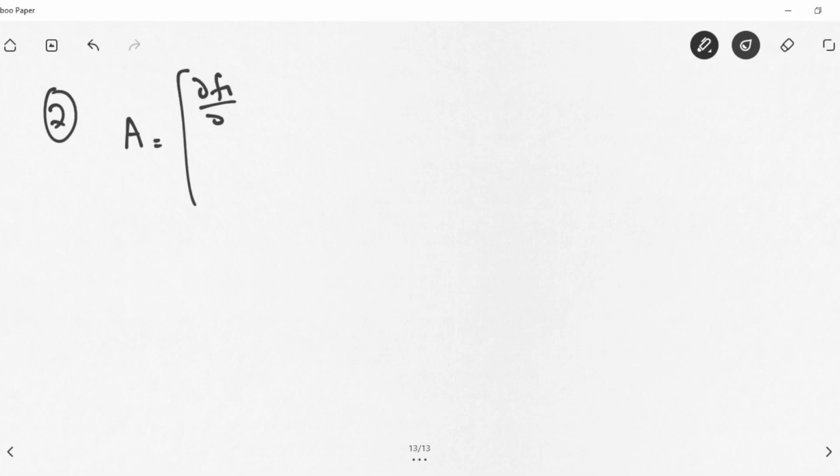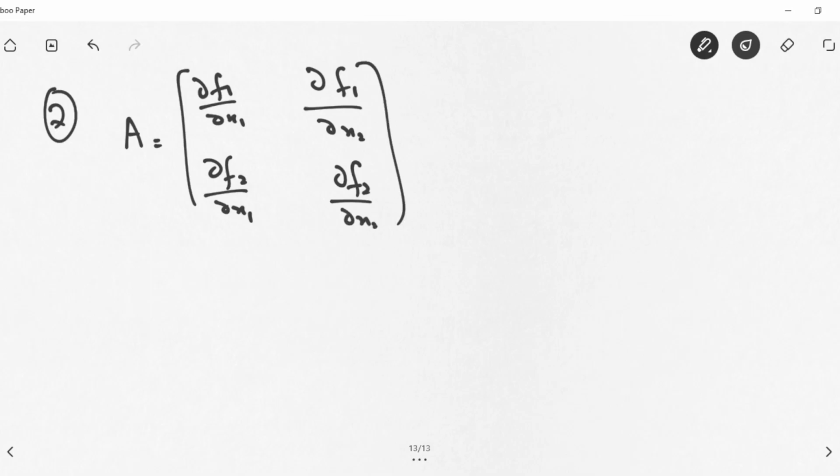Linearizing this by finding out the A matrix: delta f1 by delta x1, delta f1 by delta x2, delta f2 by delta x1, delta f2 by delta x2. Our f1 is minus x1 plus 2 x1 square x2. Our f2 is minus x2.